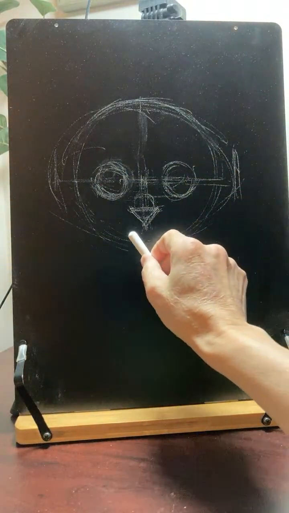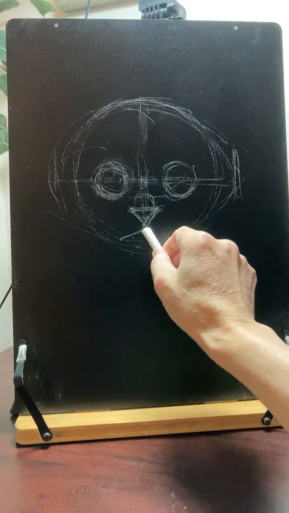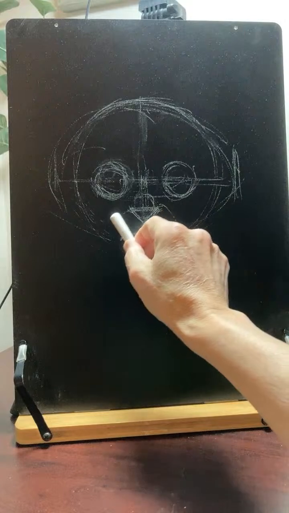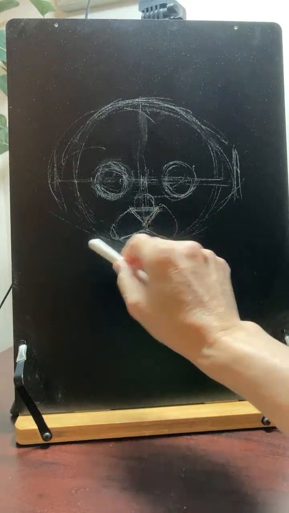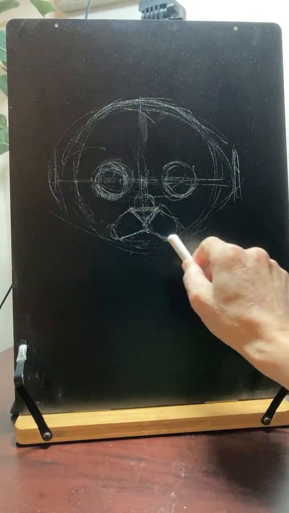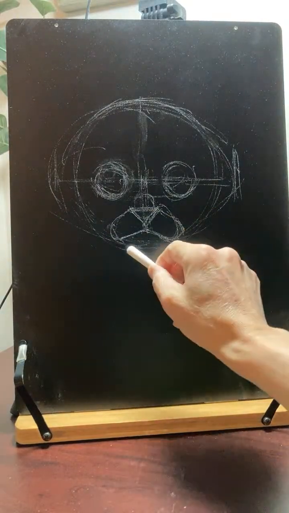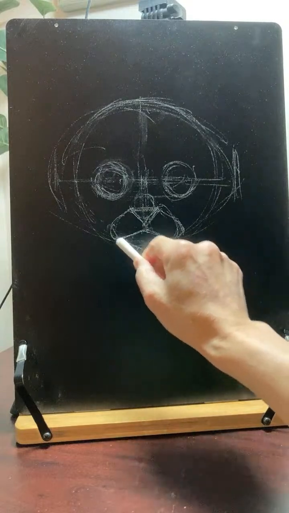Okay, and then his mouth open like this. She got a mouth like this, big, wide open, and a tiny chin here.